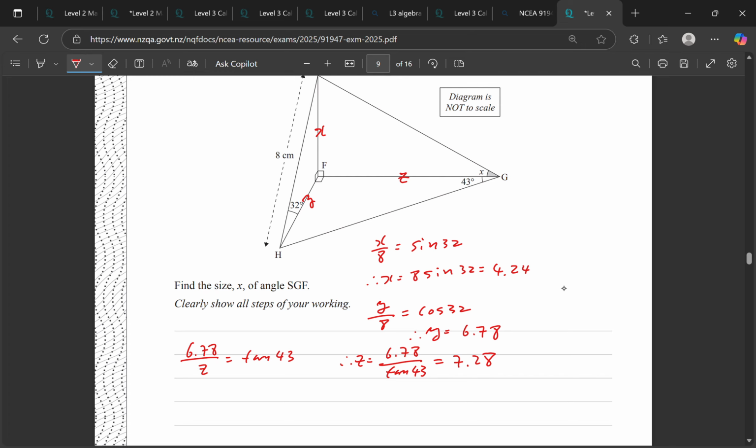So hence the angle x equals, as I said earlier, inverse tangent of x over z, isn't it? So 4.24 over 7.28 gives me 30.22 degrees. All right, done.